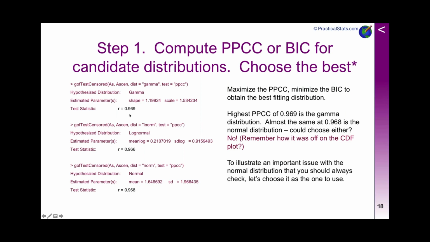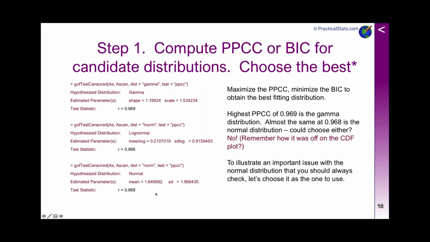So here, the best one would be the gamma, but the normal would appear to be just as good, 0.968 instead of 0.969 for this correlation coefficient. So I've put a star up here to say choose the best. You would not just choose the highest or the second highest or whatever PPCC if one of those is a normal. So what should you do?